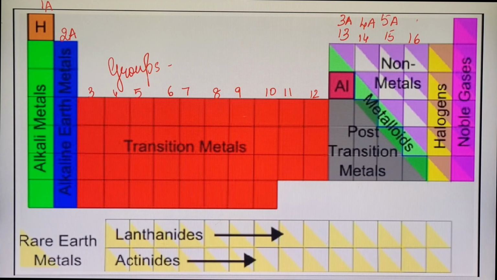Group 16, or we call it as 6A. Group 17, or we call it as 7A. And the last group is called group 18, or we call it as group A. It's also called as group 0. Am I clear? So, how many groups do we have in total, children? We have 18 groups.